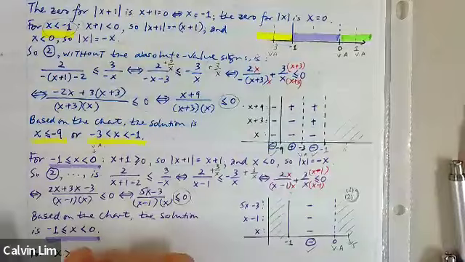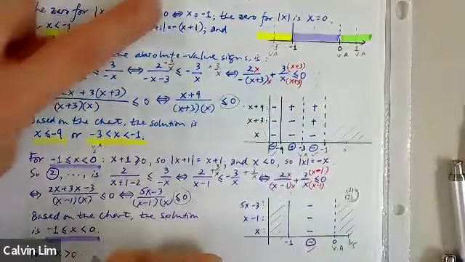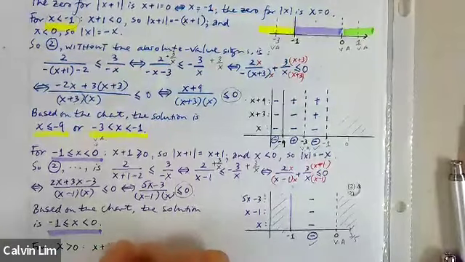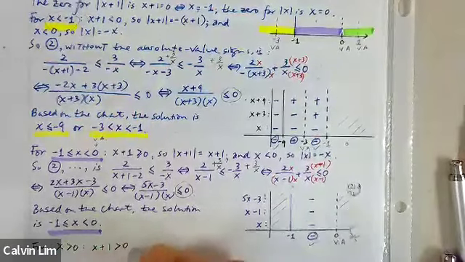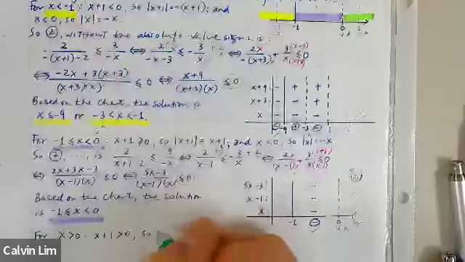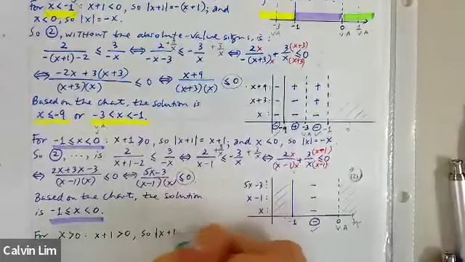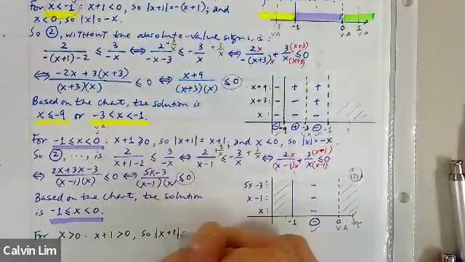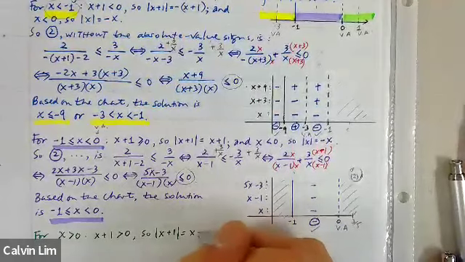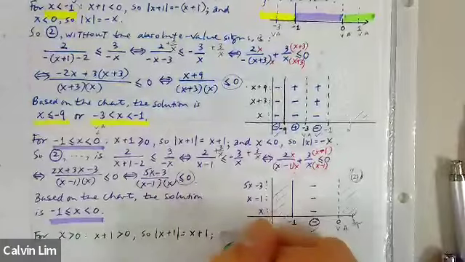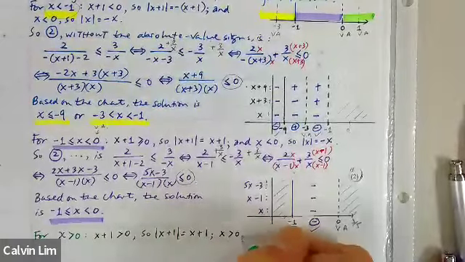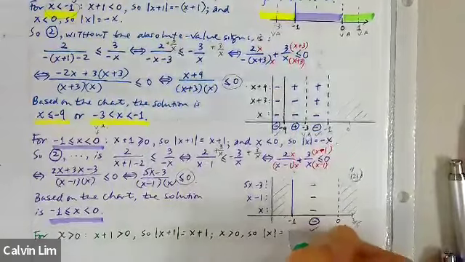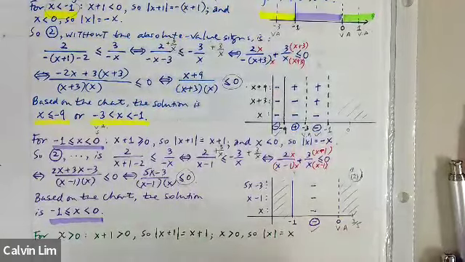For x greater than 0, x plus 1 is positive. So the absolute value of x plus 1, without the absolute value sign, is x plus 1. And since x is greater than 0, the absolute value of x without the absolute value sign is just x.